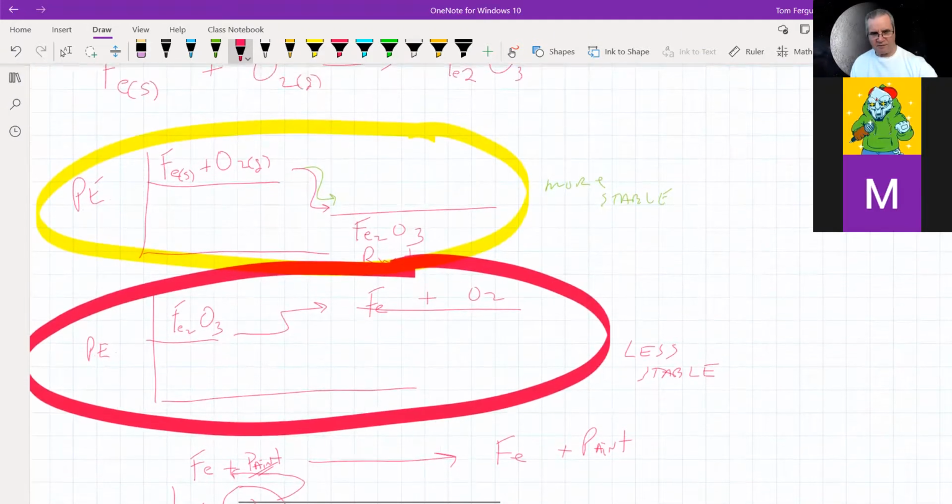So what's the difference between the yellow and the red? One goes down, becoming more stable. One goes up, being less stable.